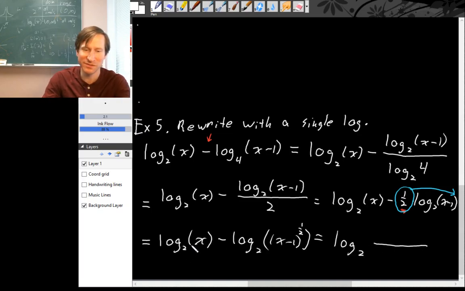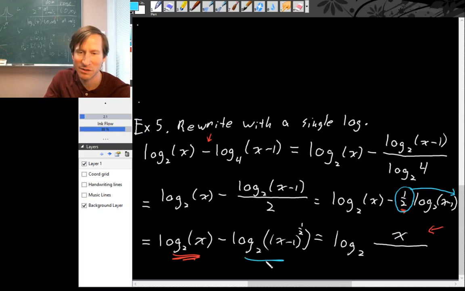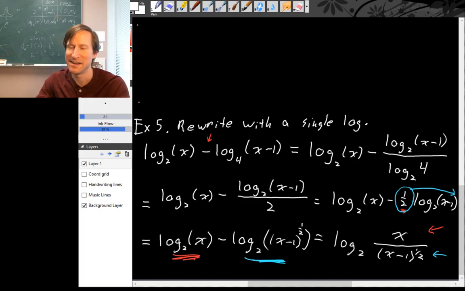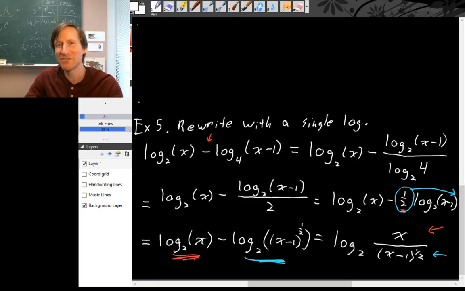So the positive logarithm turns into the numerator. So that's just an x. And the negative logarithm turns into the denominator. So that's x minus 1 to the 1/2. And that's it. As you can see, having so many properties of logarithms gives us a lot of options.